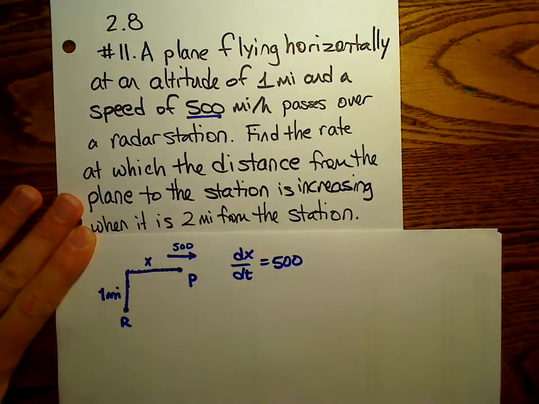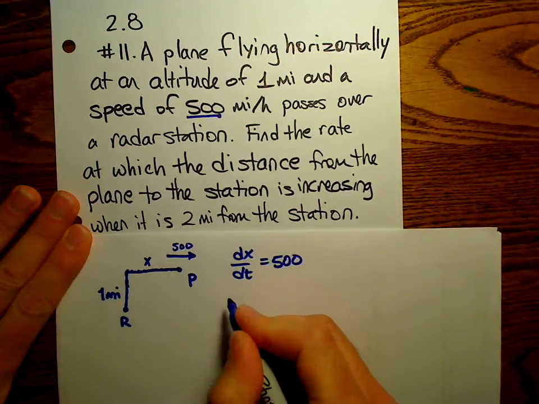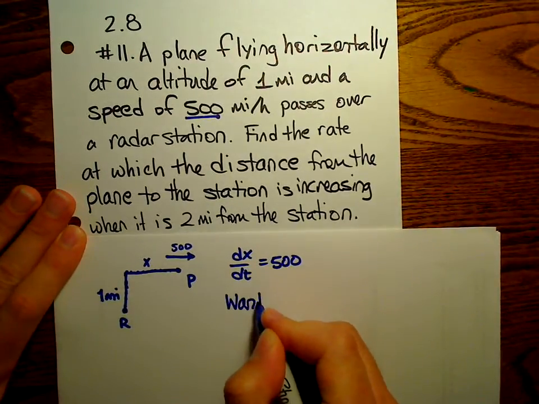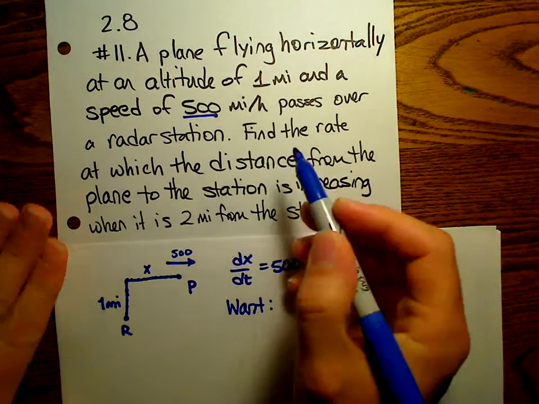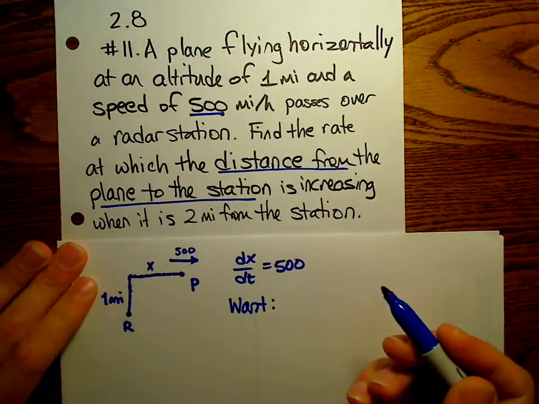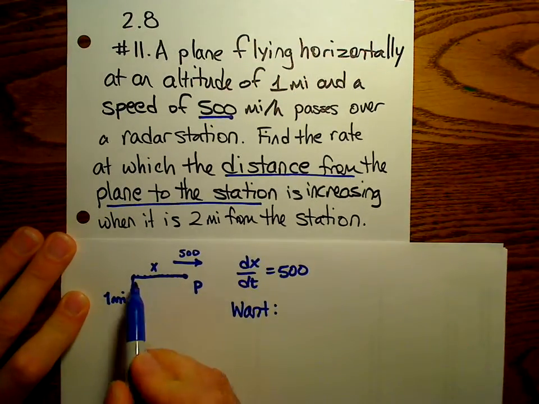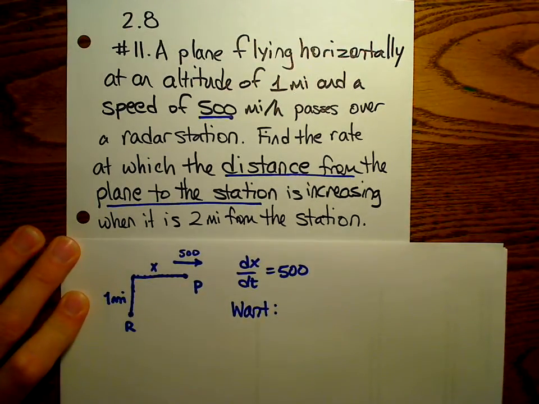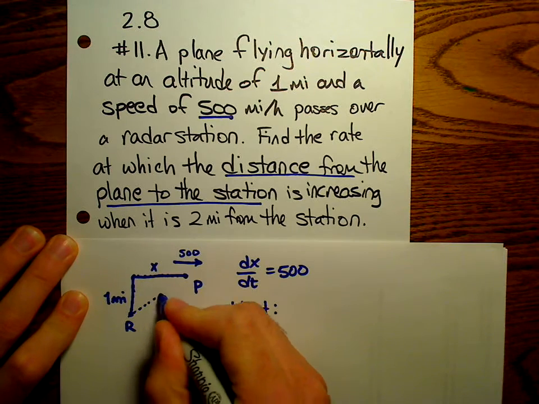And what they want is the distance from the plane to the station. Now, this is a little bit vague, because do they mean the horizontal distance, like if you're looking top down, or do they mean this straight line distance?